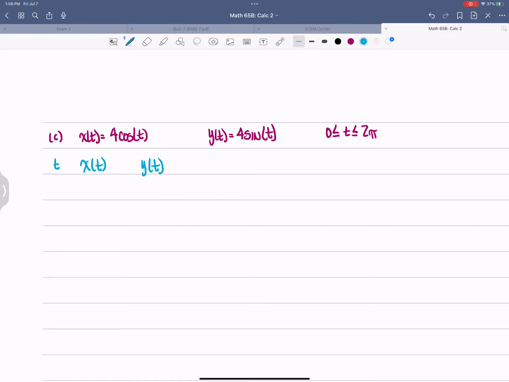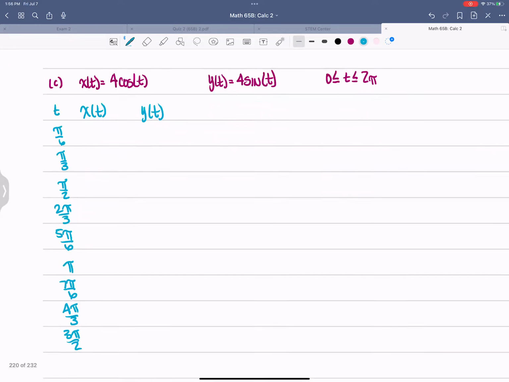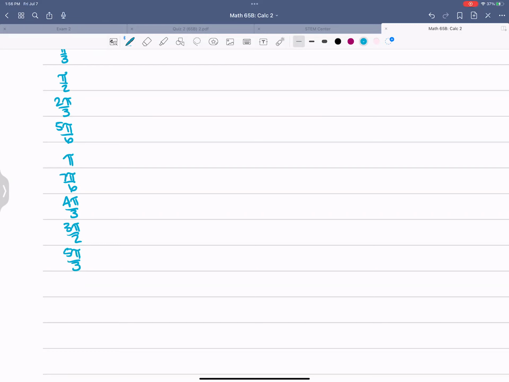So we're going to use our radian values. Let's do pi over 6, 2 pi over 6, which is pi over 3, 3 pi over 6, which is pi over 2, 4 pi over 6, which is 2 pi over 3, 5 pi over 6, 6 pi over 6, which is just pi, 7 pi over 6, 8 pi over 6, which is 4 pi thirds, 9 pi over 6, which is 3 pi halves, 10 pi over 6, which is 5 pi thirds, 11 pi over 6, 12 pi over 6, which completes our rotation, 2 pi.